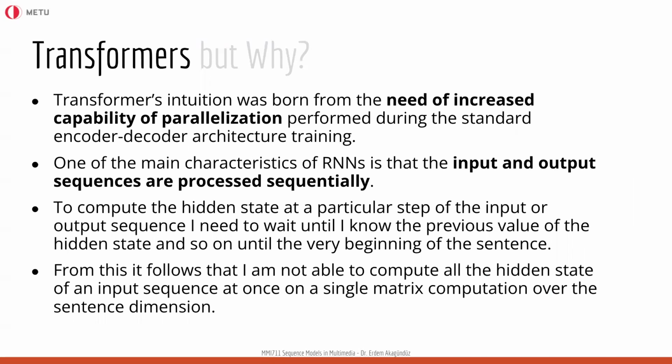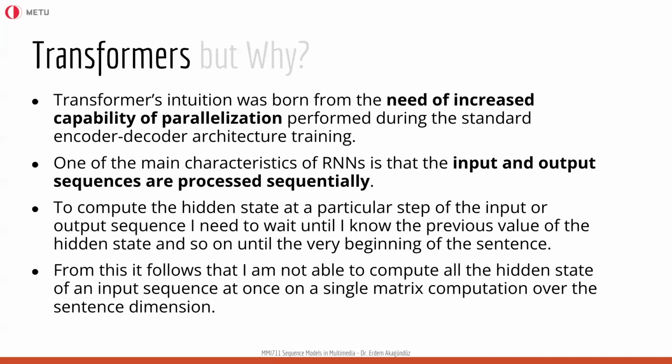And the intuition behind the transformers was increasing the capacity of parallelization. Because maybe the bottleneck that was most difficult to overcome about sequence modeling was that you processed sequences sequentially, one element by one element.